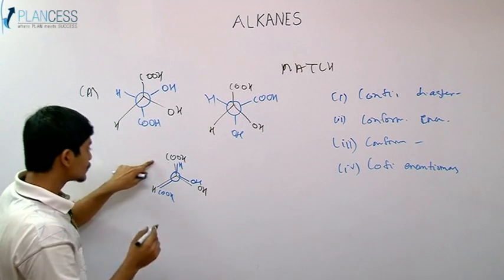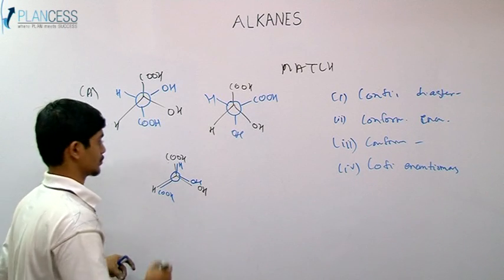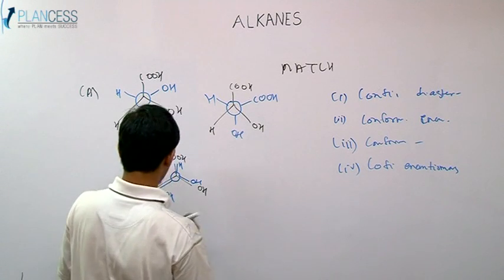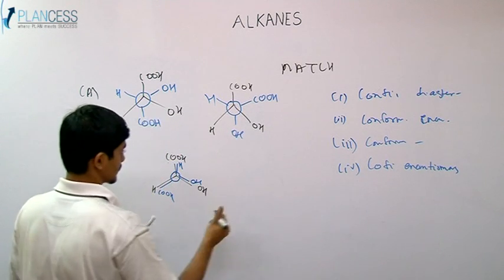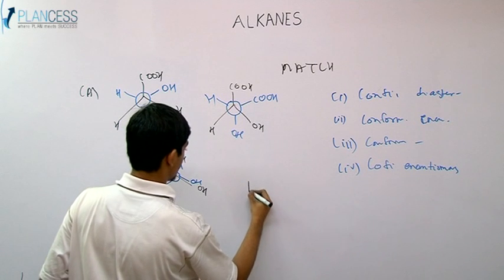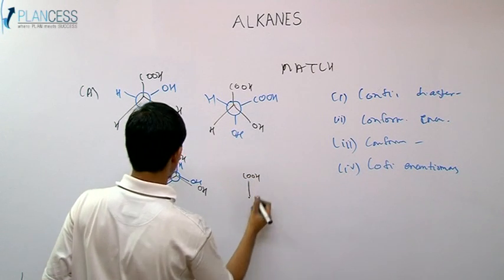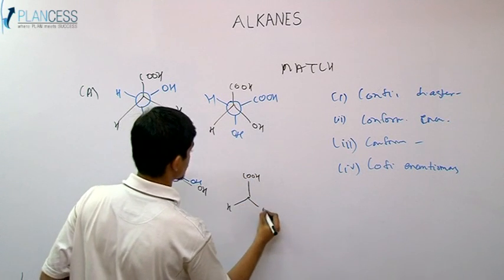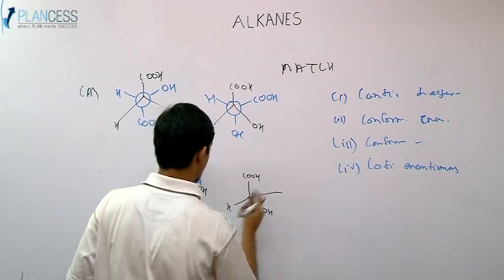Now we draw the Sawhorse projection from this. So in the Sawhorse projection, the blue carbon is at the back and the black carbon is at the front. COH, H, OH, this is the carbon bond.